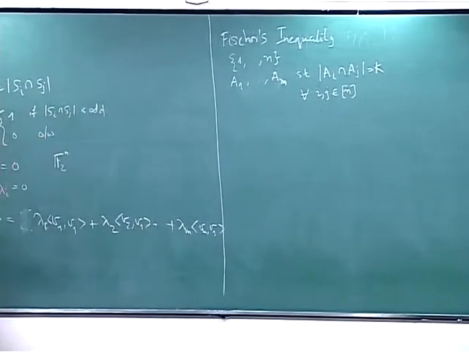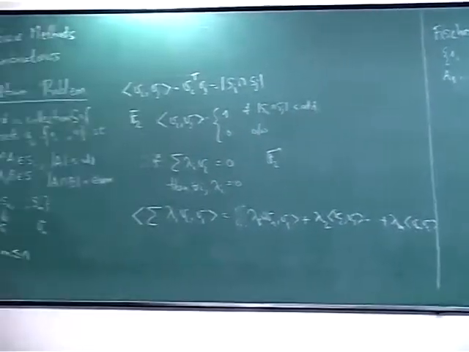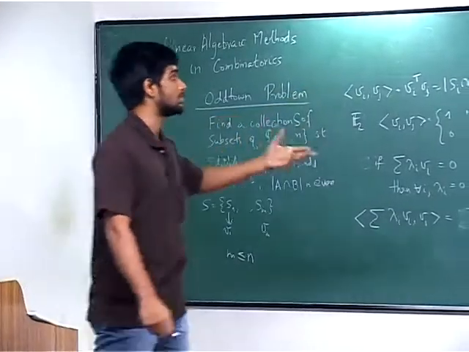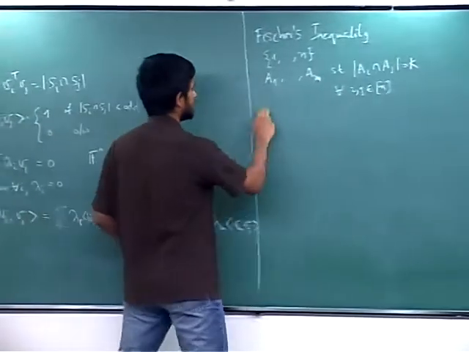So you want to find a collection such that all the intersections are equal to the same constant k. Now you want to know the maximum number of such Ai's that you can pick.